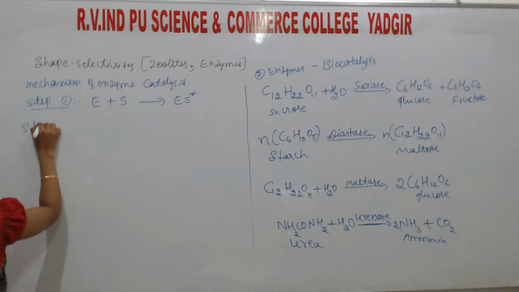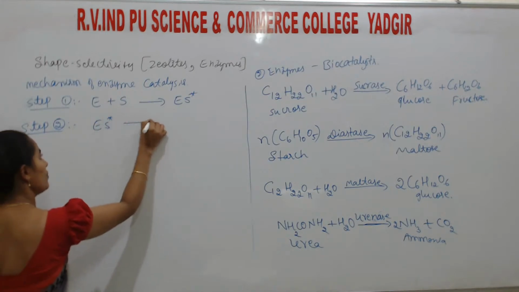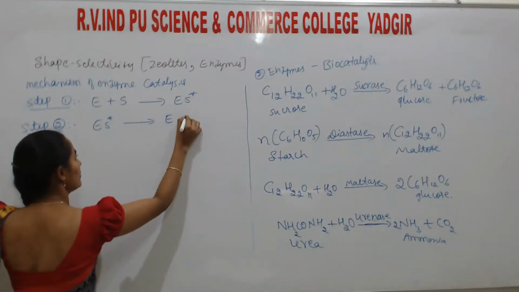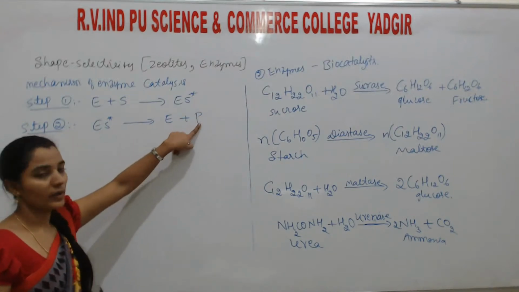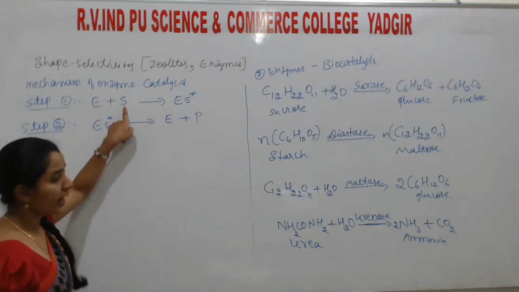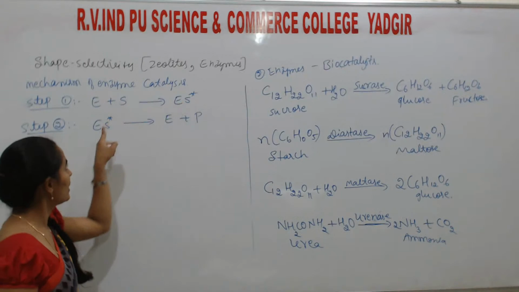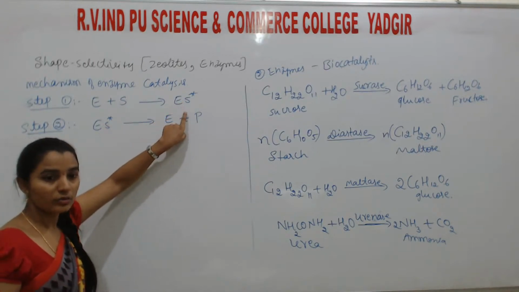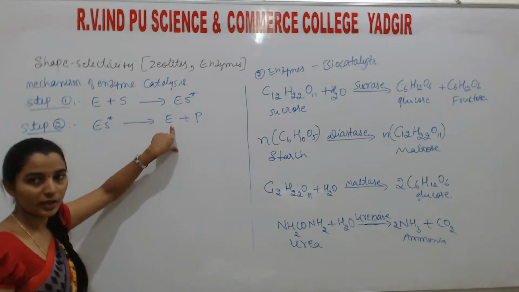Next, step 2. This activated complex decomposes to give enzyme as well as product. The reactant is called the substrate, and this is the product. This enzyme is a catalyst used to form products, and at the end it is regenerated.